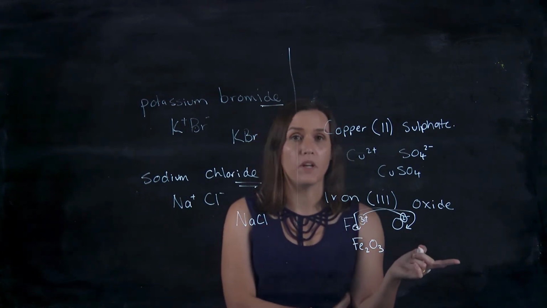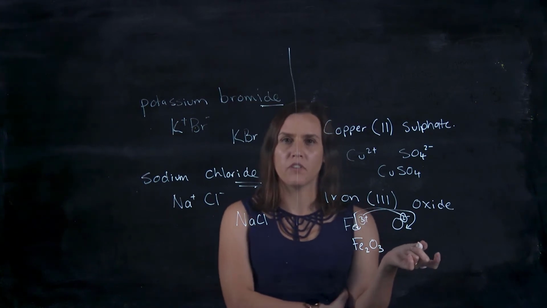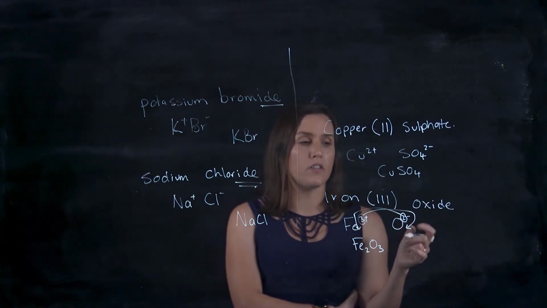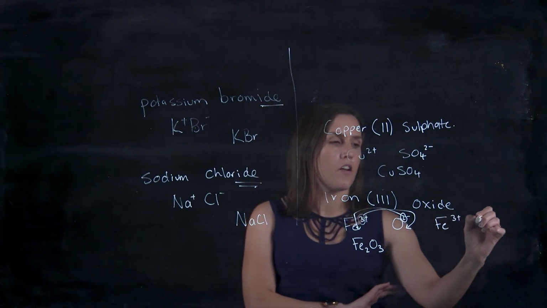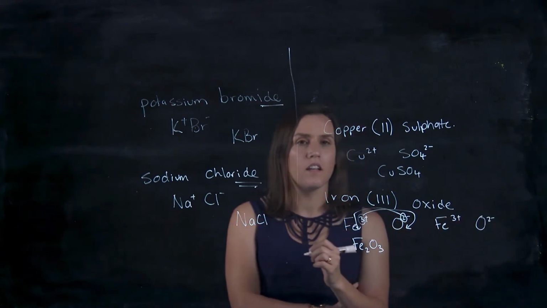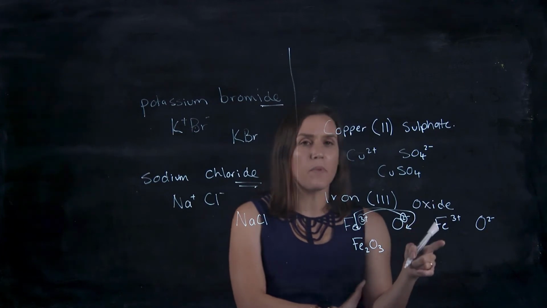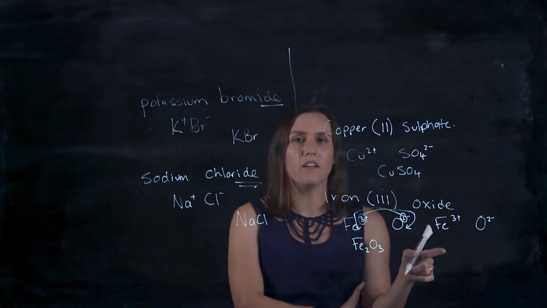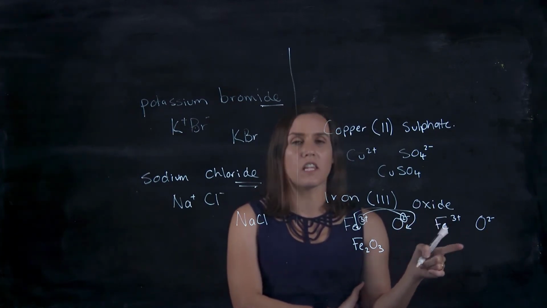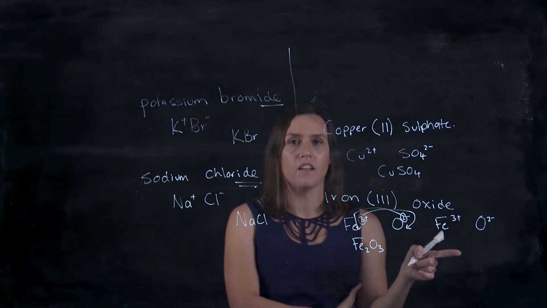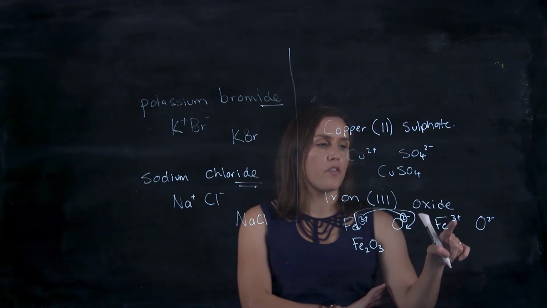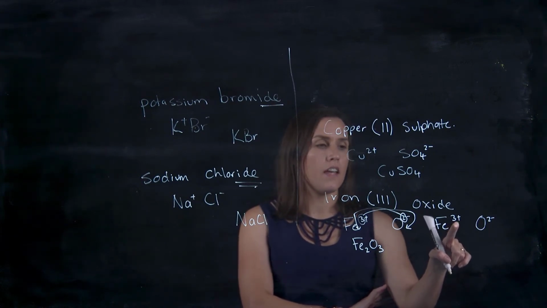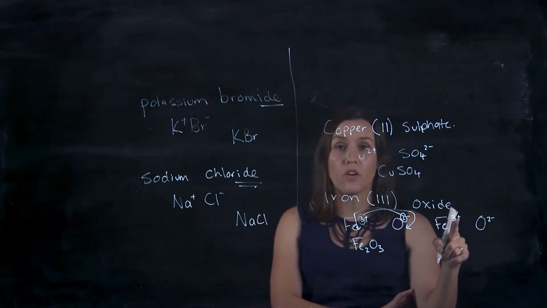Why do I swap and drop? Where does this swap and drop come from? Is that what you're thinking? Well, let's have a look at it. If I've got Fe 3+ and O 2-, I need to get the lowest possible number between these two so that the pluses and minuses cancel out. So cross multiplying is the way to go. If I've got 3, I can have 2 of those.